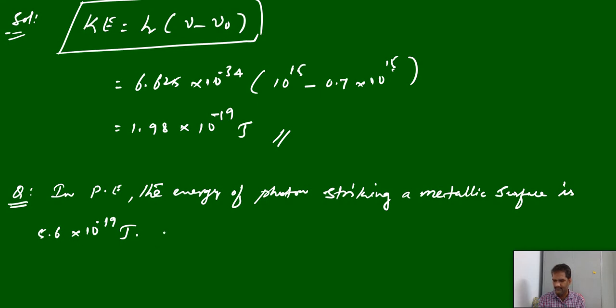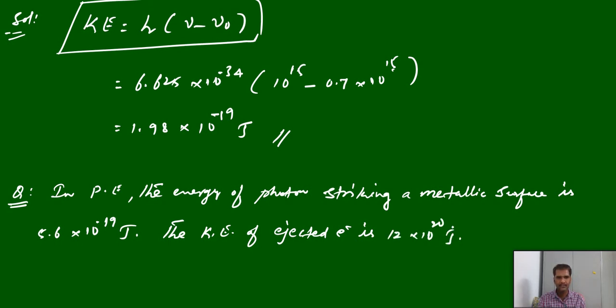The kinetic energy of the ejected electron is 12 into 10 power minus 20 joules. Find the work function.